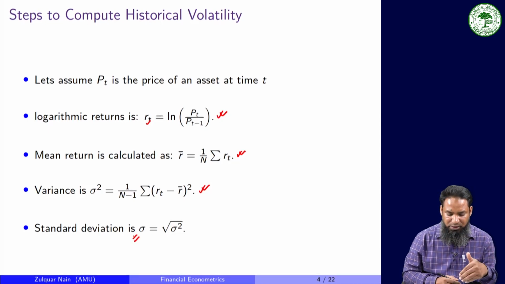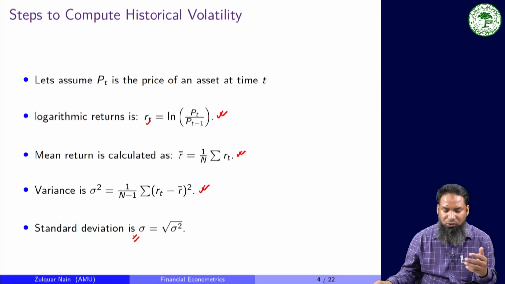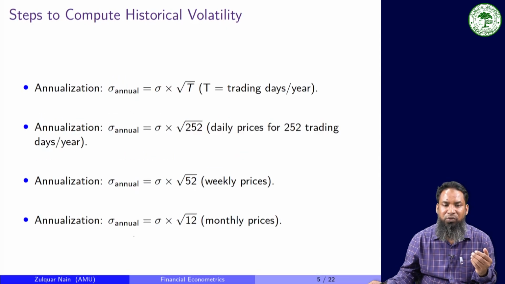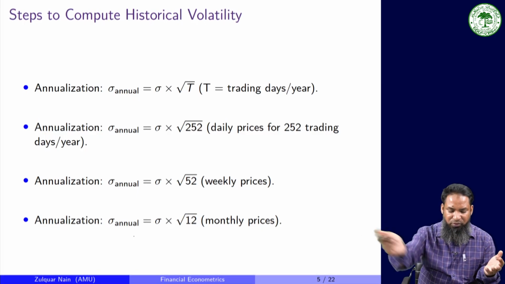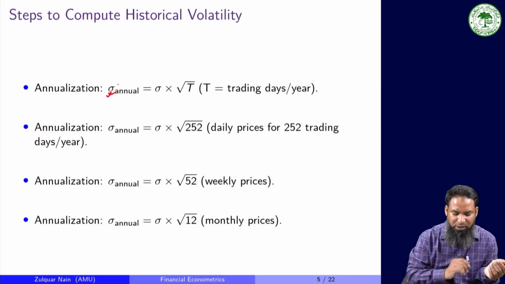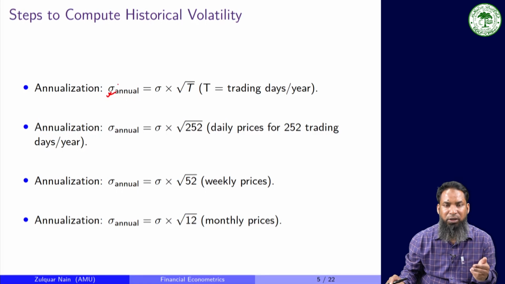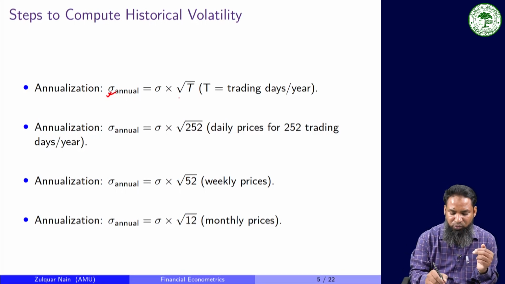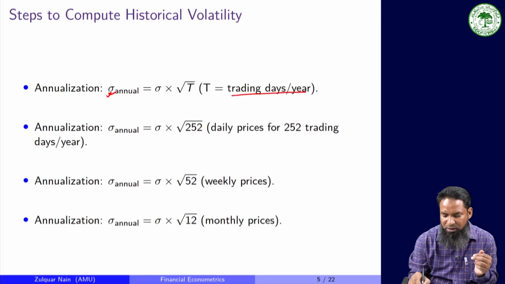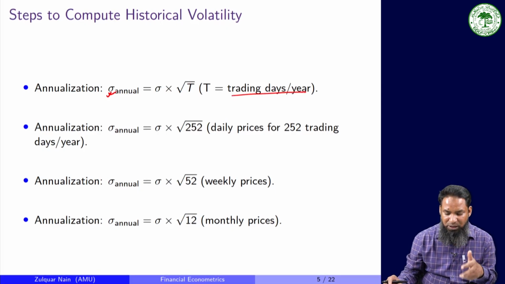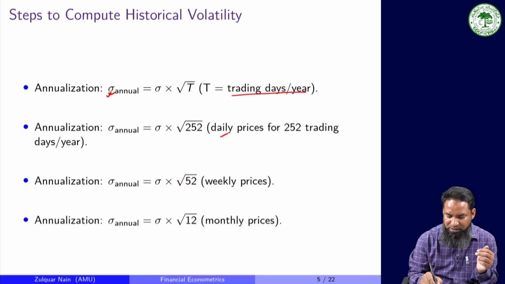However, often this standard deviation is represented in annualized form. So, how do we convert it into annualized form? The general formula is: sigma annualized, that is the historical volatility, is equal to sigma times the square root of T, where T represents the trading days per year. For example, if we have daily price data and there are 252 trading days, then we multiply by 252.